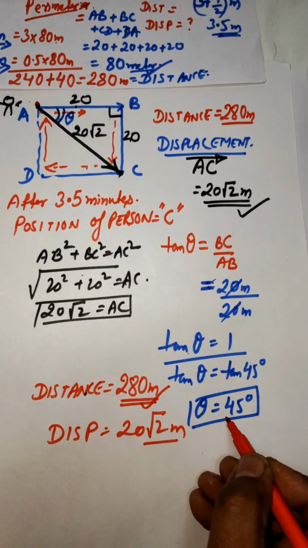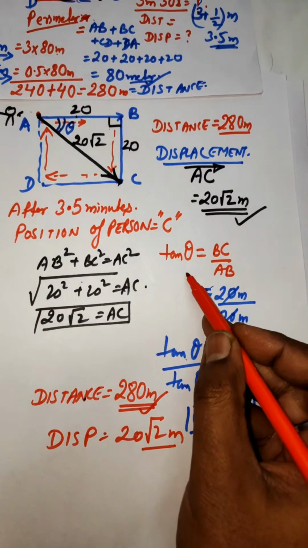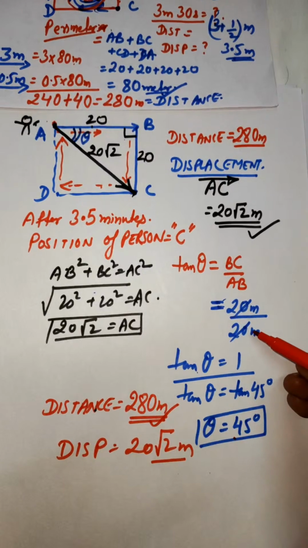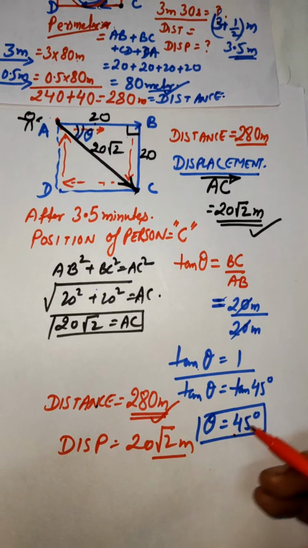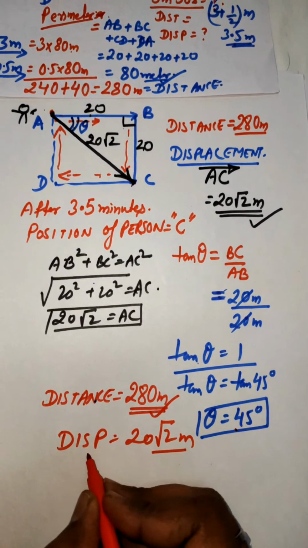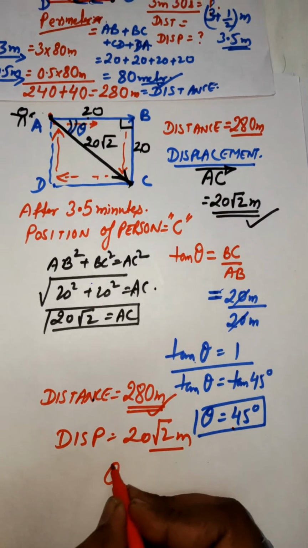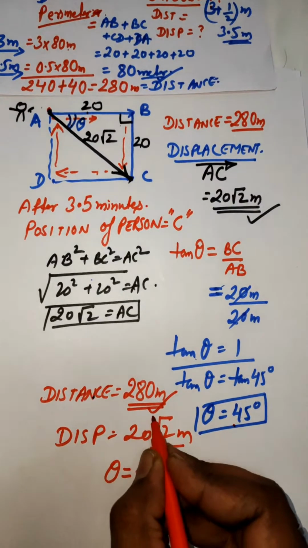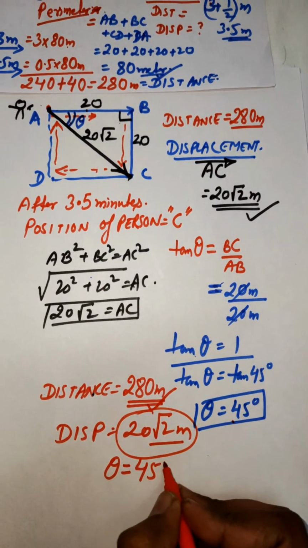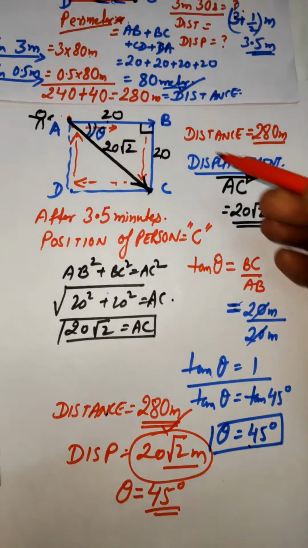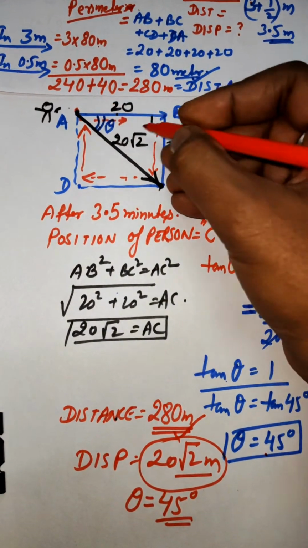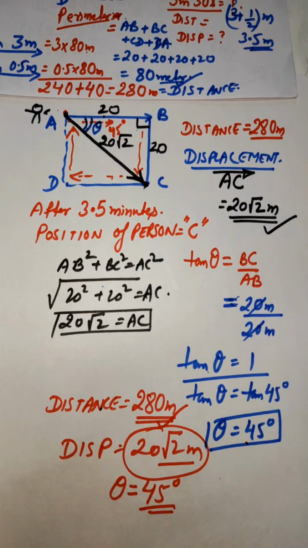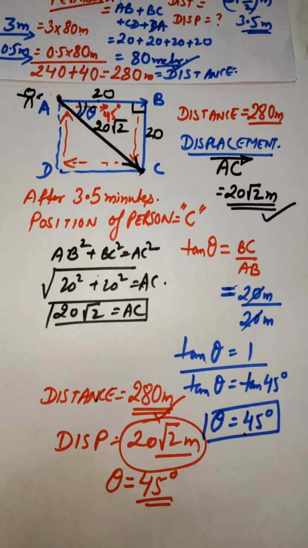This is at 45 degree, because tan theta is BC by AB, and BC and AB both are 20, 20, so theta is coming as 45. So displacement, as I said, is a vector quantity and it always has a magnitude and direction. So magnitude is 20 root 2 meter and direction is 45 degree from his initial position. So this is 45 degree, right? So we have solved this question.